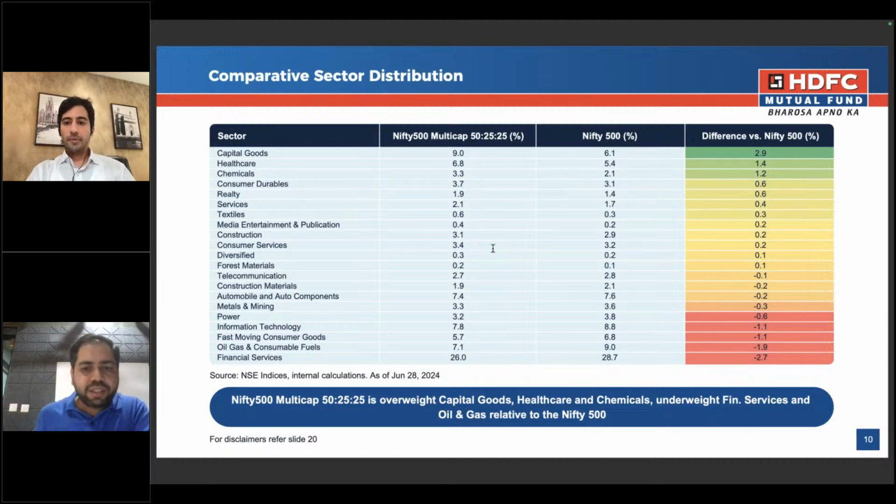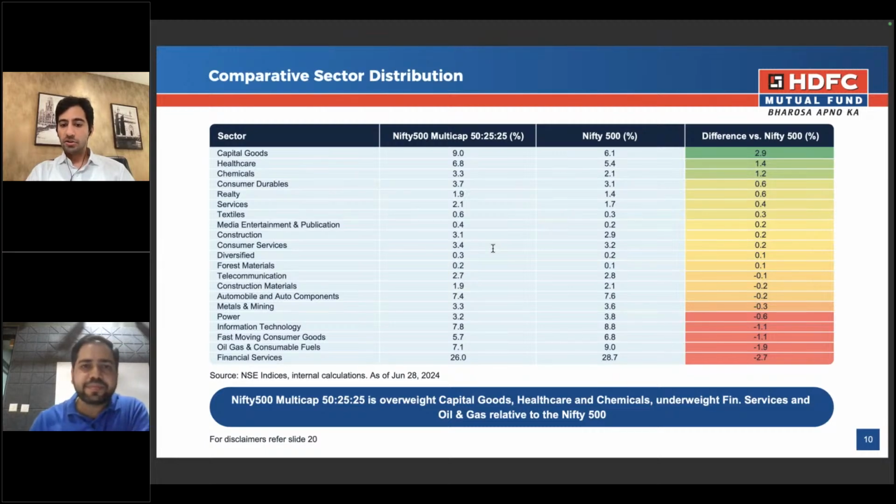Okay, great. There's another question: in a similar category there are other AMCs coming up with a similar fund. So what is the unique feature in this particular scheme? If you're talking about exactly this index, Nifty 500 Multicap 50:25:25, to the best of my knowledge our NFO in the market is second. Another AMC did an NFO before us on the same index.